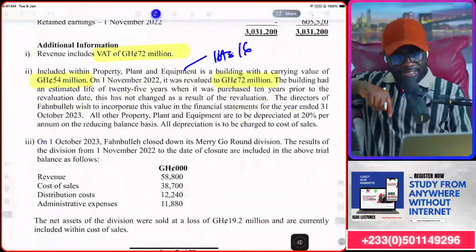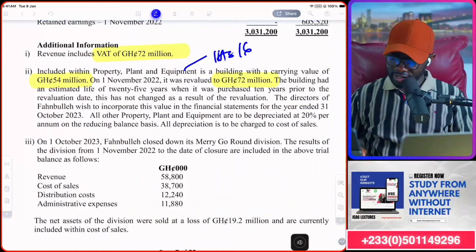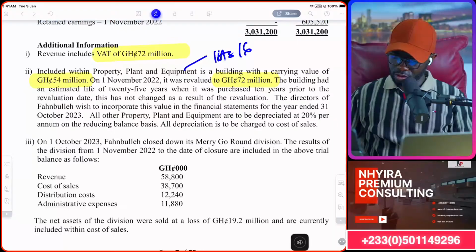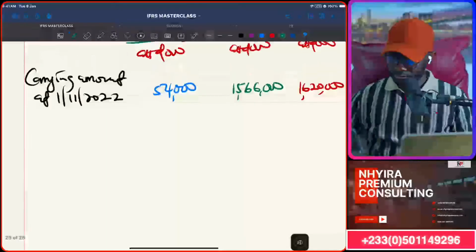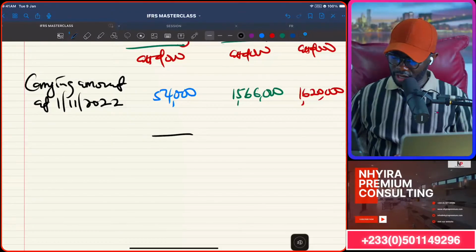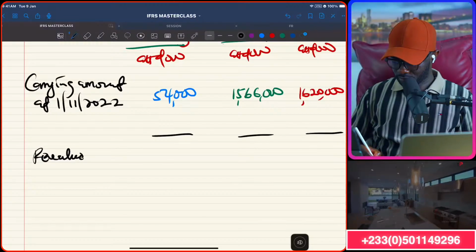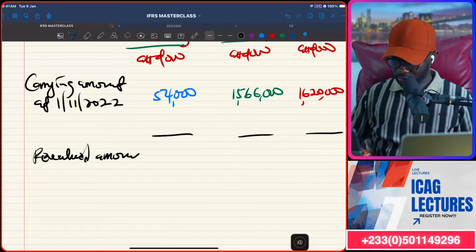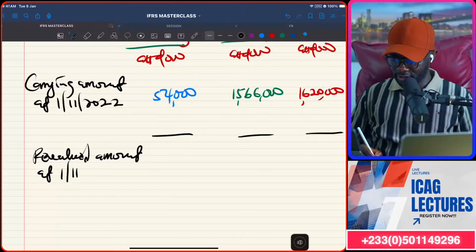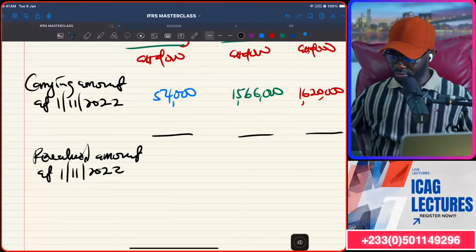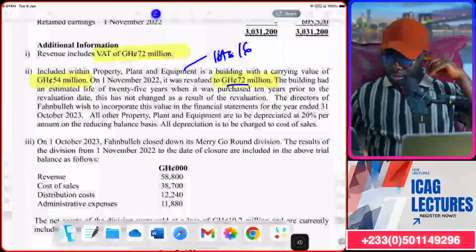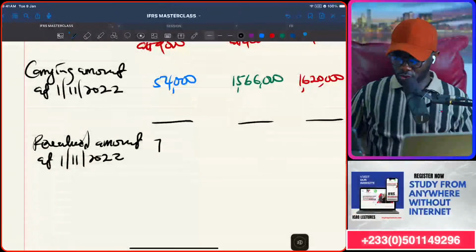On that date, the beginning of the year, the building was revalued. So we bring in the revalued amount at the 1st November 2022. And they said 72 million.